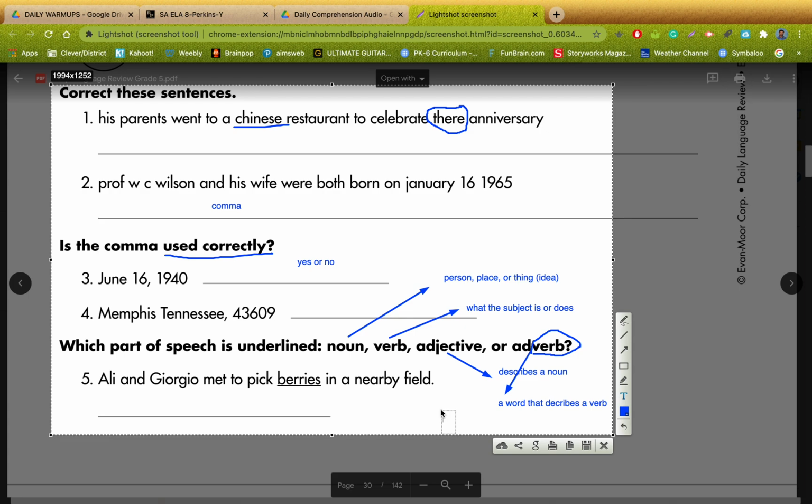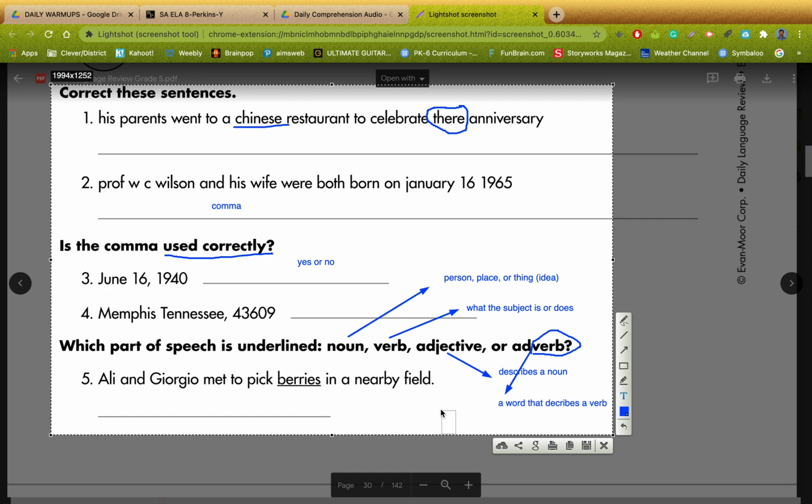Okay? So if I said the cat ran quickly, how did the cat run? Because run is the verb. The cat ran. So if the cat is running, that's the verb. That's the action. So if I said the cat ran quickly, how did the cat run? Quickly. That's the adverb. Okay?